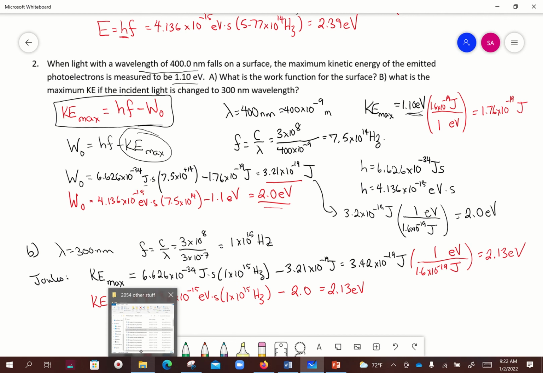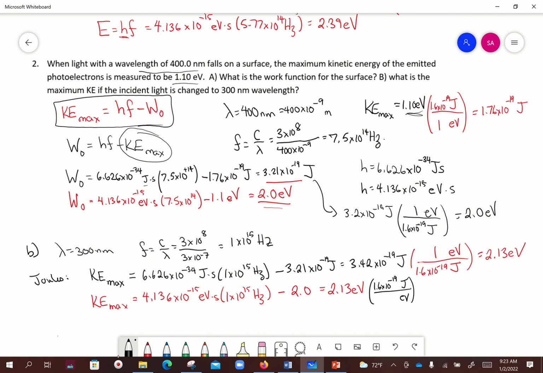Or equivalently, I could have converted my number in red back to joules. So you've got a bunch of different options, right? If your problem asks for the answer in joules, or if it asks for it in eV, just do whichever way you feel most comfortable doing it.